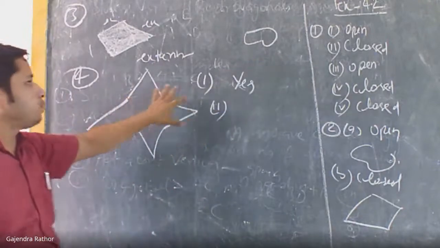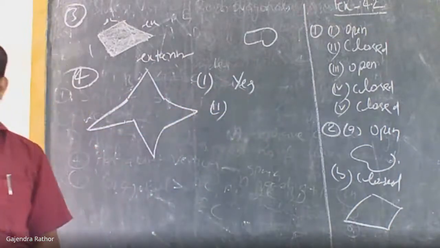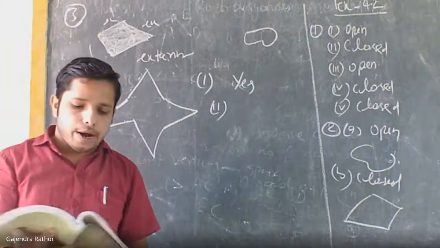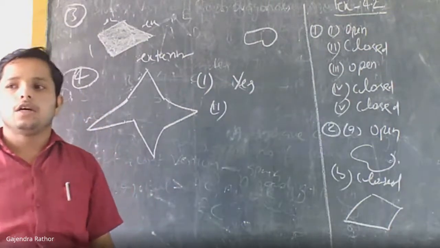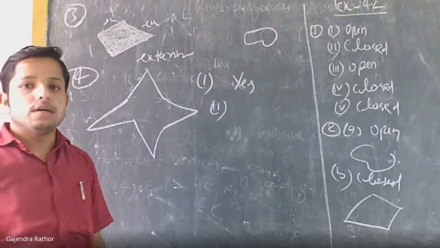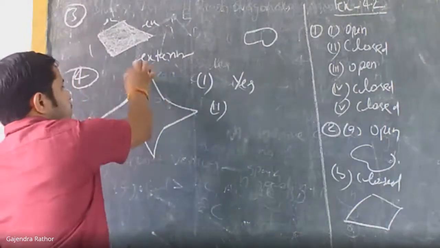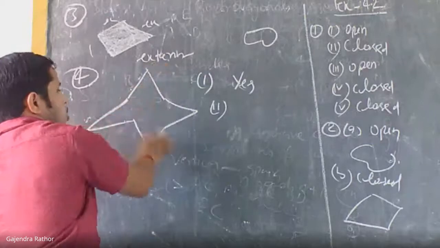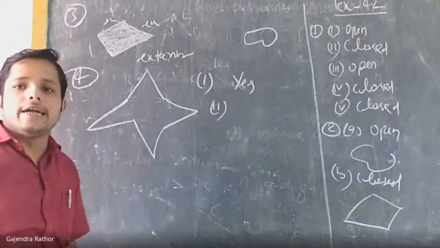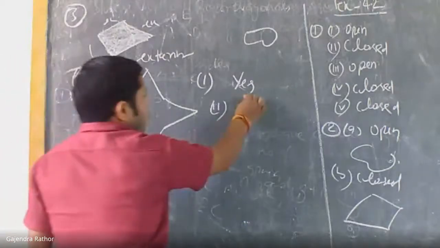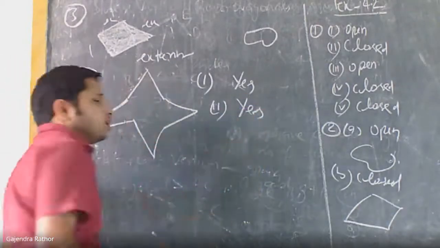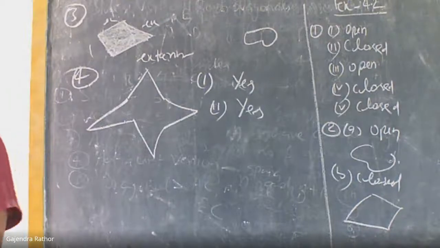So the answer of the first point is yes. The next, second point, is it closed? Reply yes or no. Yes. This is closed because all the endpoints are joined to each other. So the answer to this is also yes. So the fourth question is also complete.